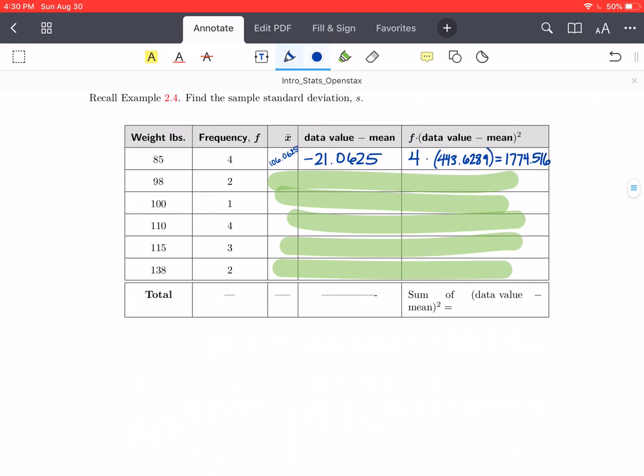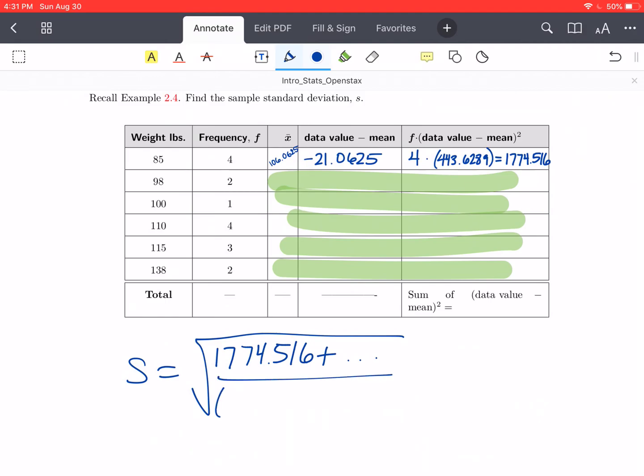So to get the standard deviation of this sample, we would take the square root of each of those values, so 1774.516 plus etc., over the total frequency minus 1, so 4 plus 2 plus etc. minus 1.